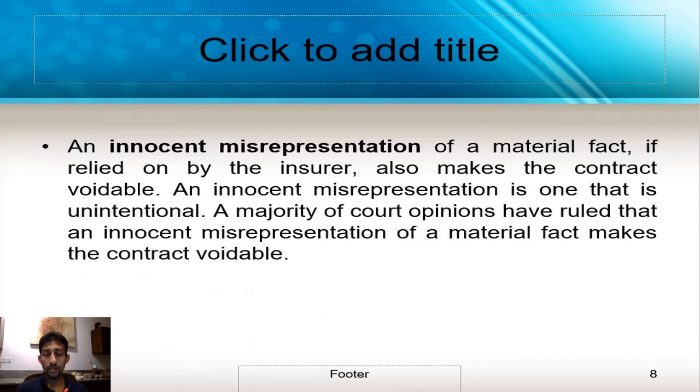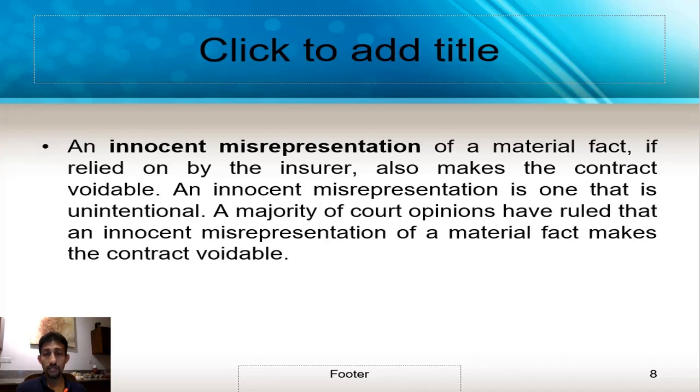And also it's important to understand the term innocent misrepresentation. Innocent misrepresentation we see also in life insurance policies. It is a material fact, and if relied on by the insurer, it also makes the contract voidable.